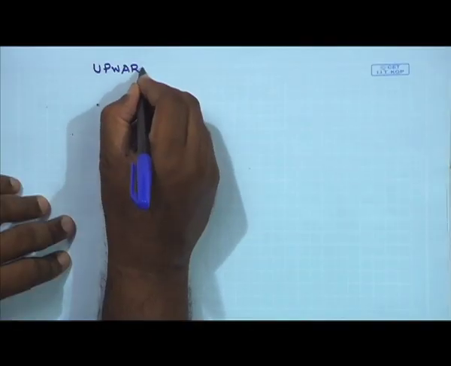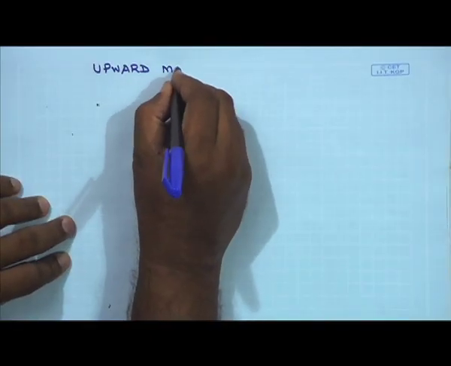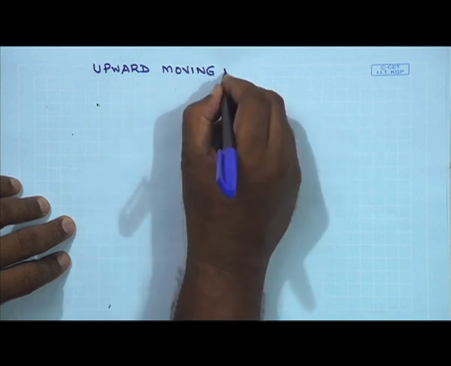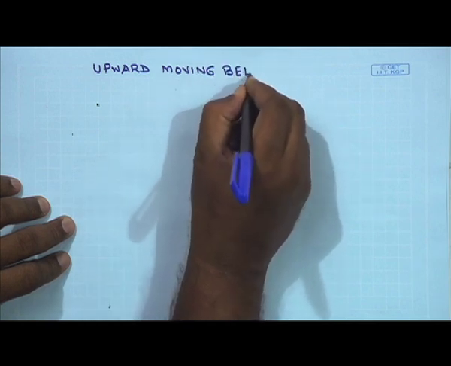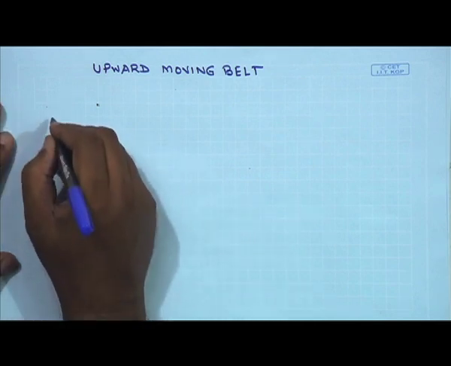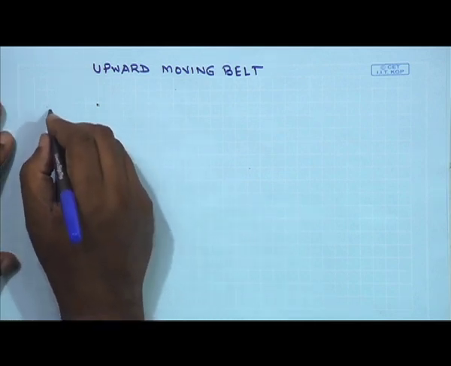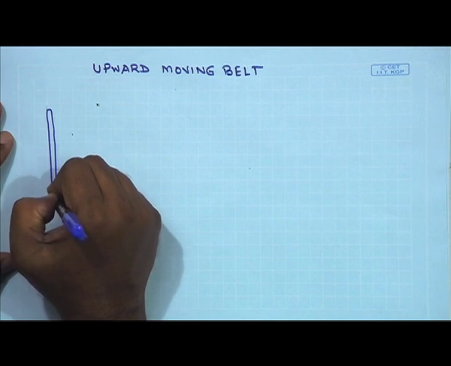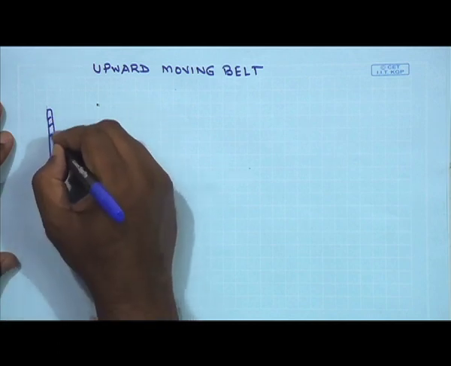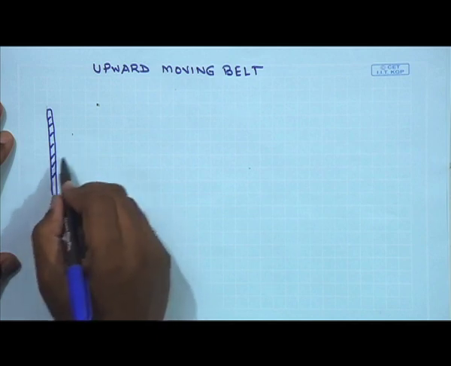So, let us now start with another problem, which is an industrial problem, in which case a belt, upward moving belt, so let us see that this is a belt which rises.